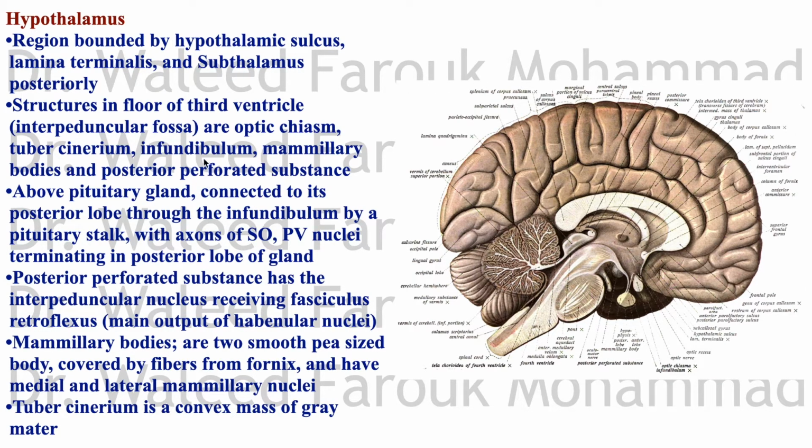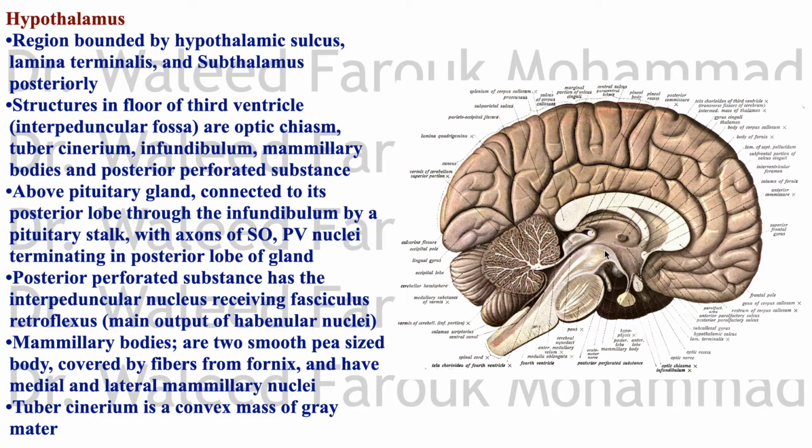Hypothalamus. This is the region of the hypothalamus here. It's bounded superiorly by the hypothalamic sulcus, the lamina terminalis, and the subthalamus posteriorly.